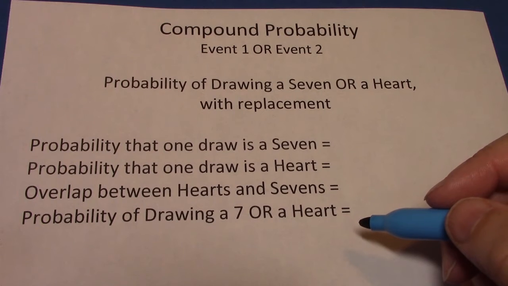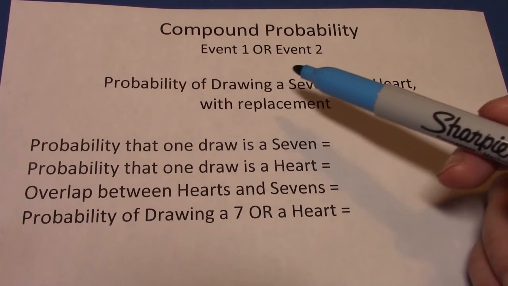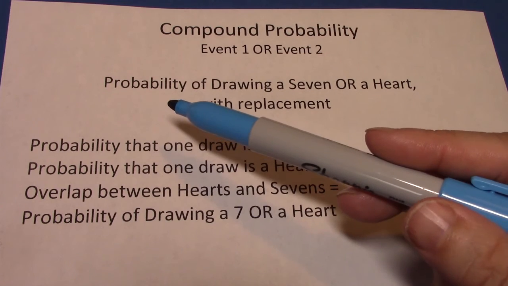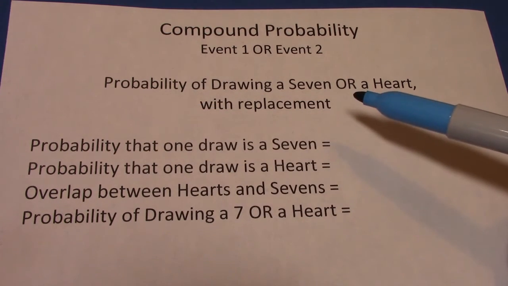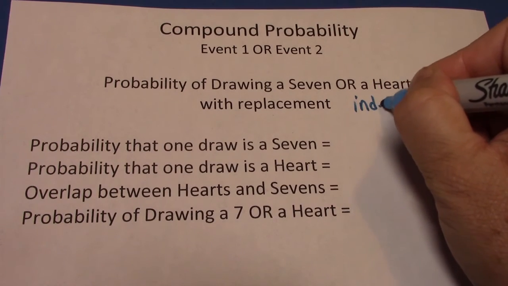Here's another example of a compound probability with 2 events. We're going to draw 2 cards out of a deck, and we want to know if event 1 or event 2 could happen. So we want to know the probability of drawing a 7 or a heart, and again there's replacement, so these are independent events.